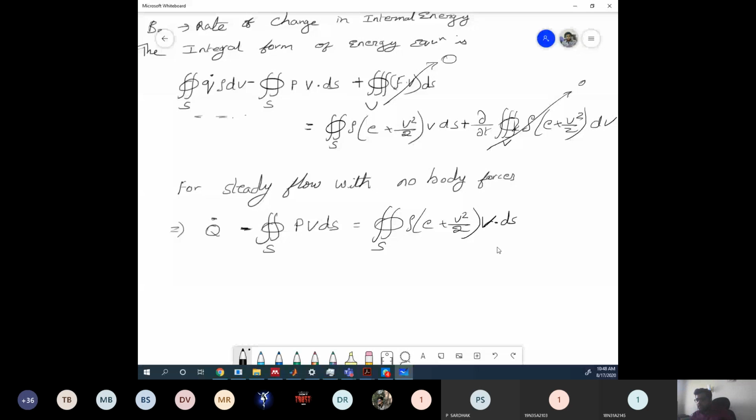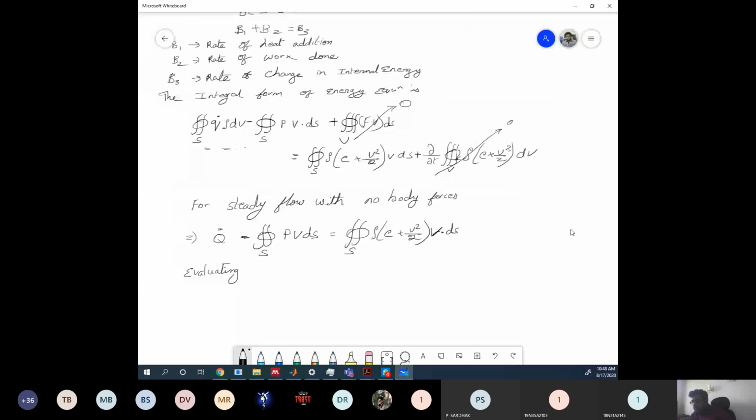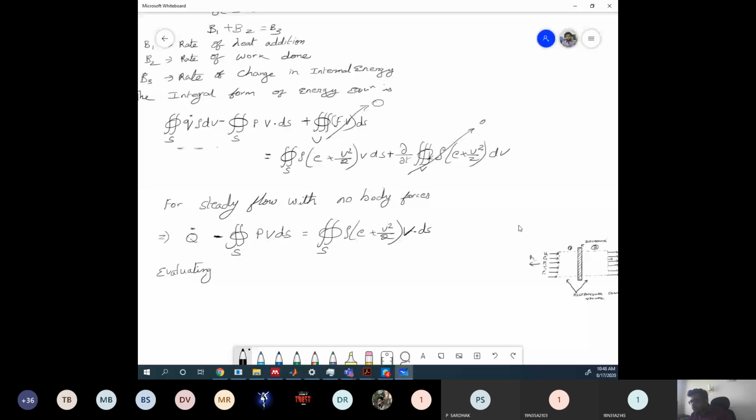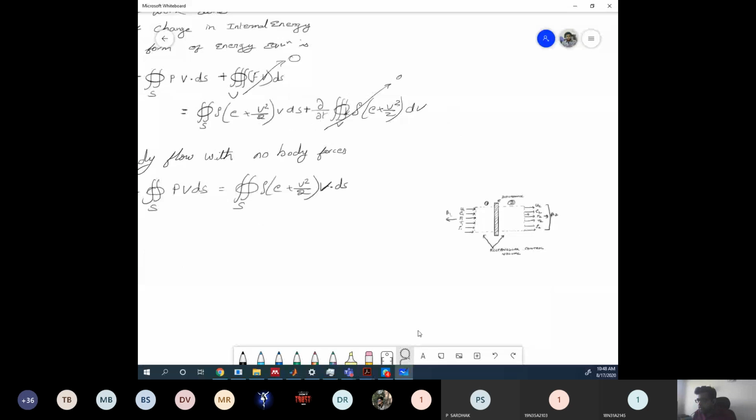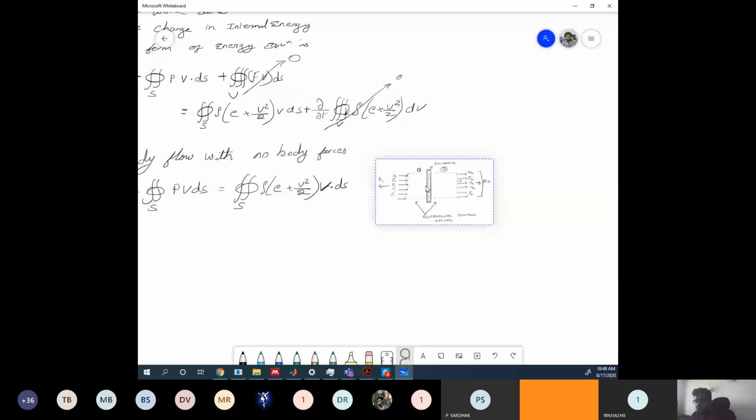Now, same thing, evaluating. Let me bring again the diagram that we have drawn. So we have to take surface integrals. It is one dimensional.